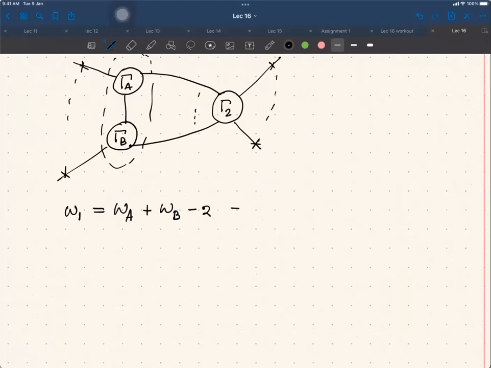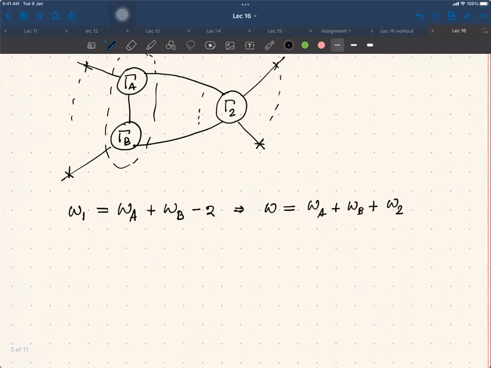So that means omega, the superficial degree of divergence of the original graph gamma, will be omega A plus omega B plus the superficial degree of divergence for gamma 2, minus 2. So if it happens that this sum of three terms is 0 or 1, then the total omega will be negative.